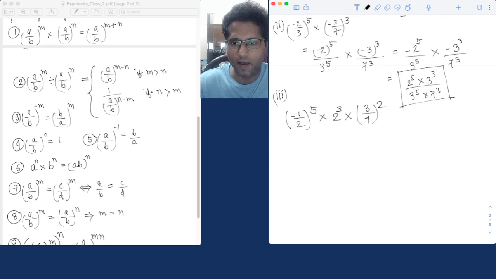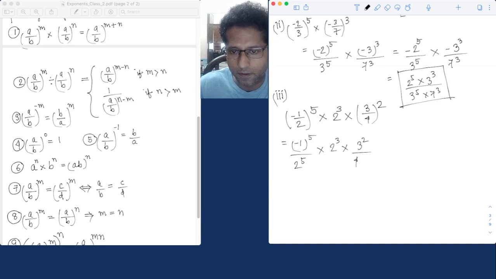So we have this expression, we have a product of 3 exponents, that is, we have 3 rationals raised to some power. Over here also we see that the bases are different and the powers are also different, so we have to expand just like we did in the previous 2 problems. So this is (−1) to the power 5 divided by 2 to the power 5 multiplied by 2 cube multiplied by 3 square divided by 4 square.